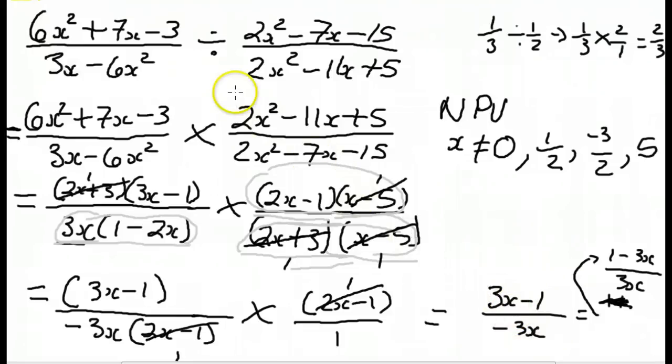Okay, to review, what have we got going on? We're dividing. Okay, we change the divide into a multiply. We factor everything, everywhere. We find non-permissible values based upon things that are in the denominator or were in the denominator. Okay, we use that to state our non-permissible values.